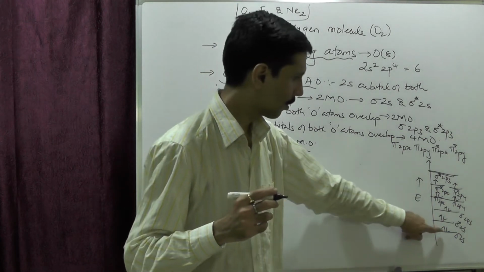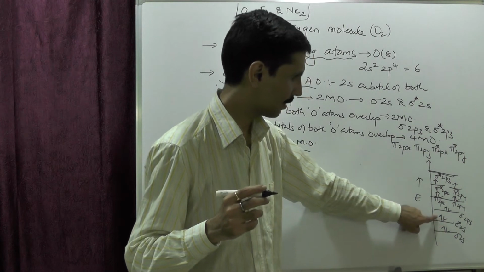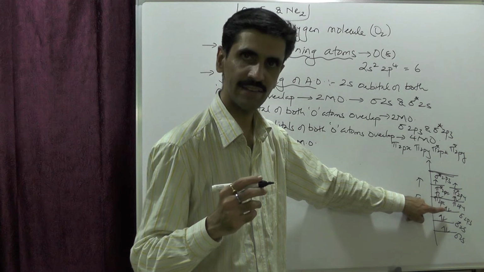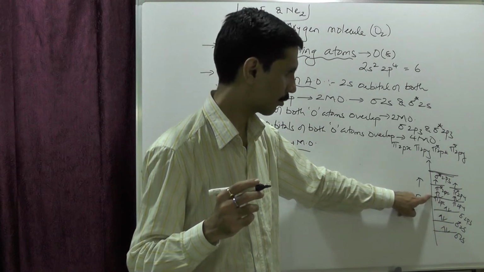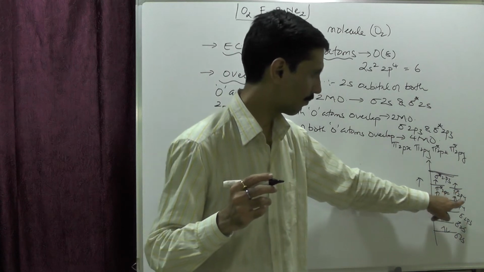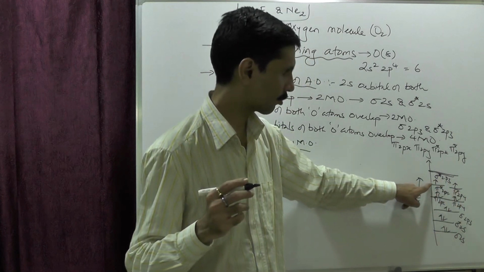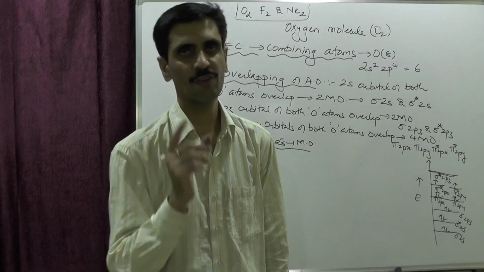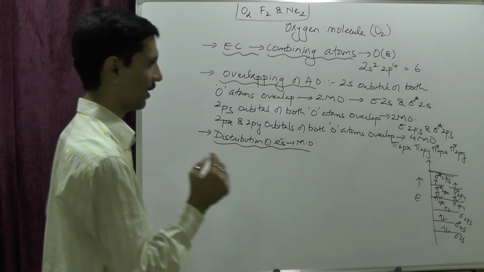So once again I repeat, first 2 electrons in sigma 2s, 3rd and 4th electron sigma star 2s, 5th and 6th electron in sigma 2pz, 7th in pi 2px, 8th in pi 2py, 9th in pi 2px, 10th in pi 2py, 11th in pi star 2px and 12th in pi star 2py. Understood this? So this is the distribution of electrons.